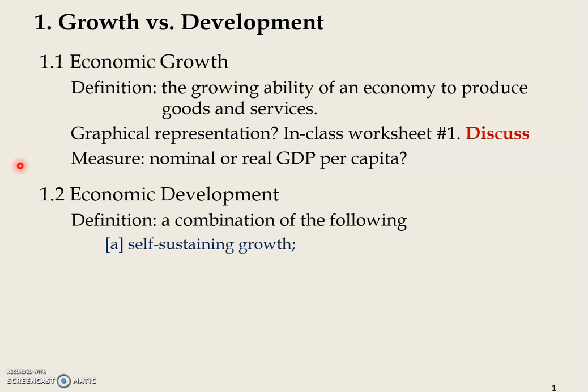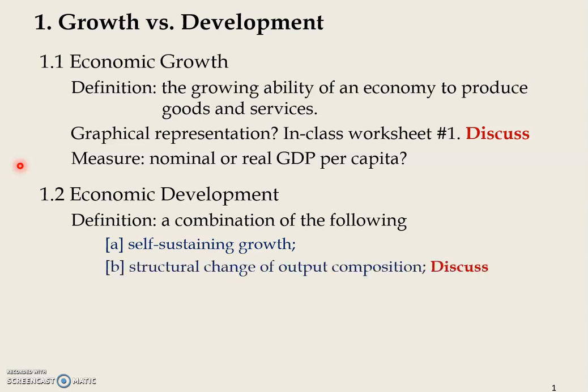Unfortunately, over time, we find some of the foreign aid recipients become more and more reliant upon the aid, so they kind of lose their own capability of growing. And that is not going to be considered a developed economy. So the developed economy has to be self-sustaining.